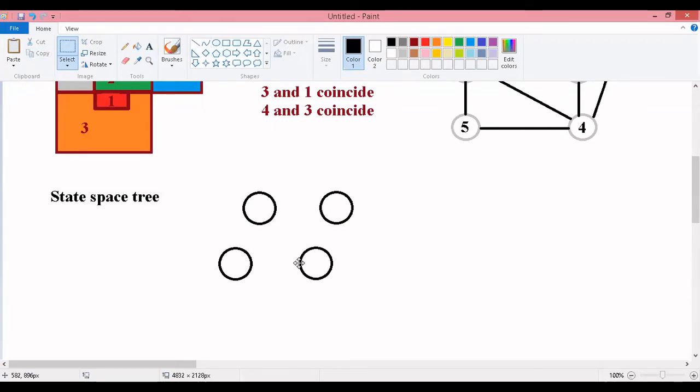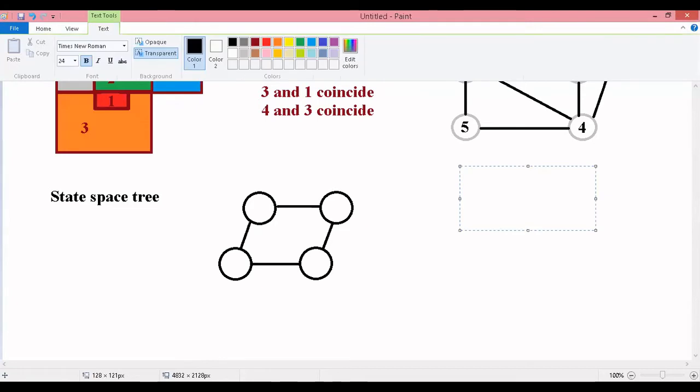So this is the graph given, and I'll name the vertices 1, 2, 3, 4.